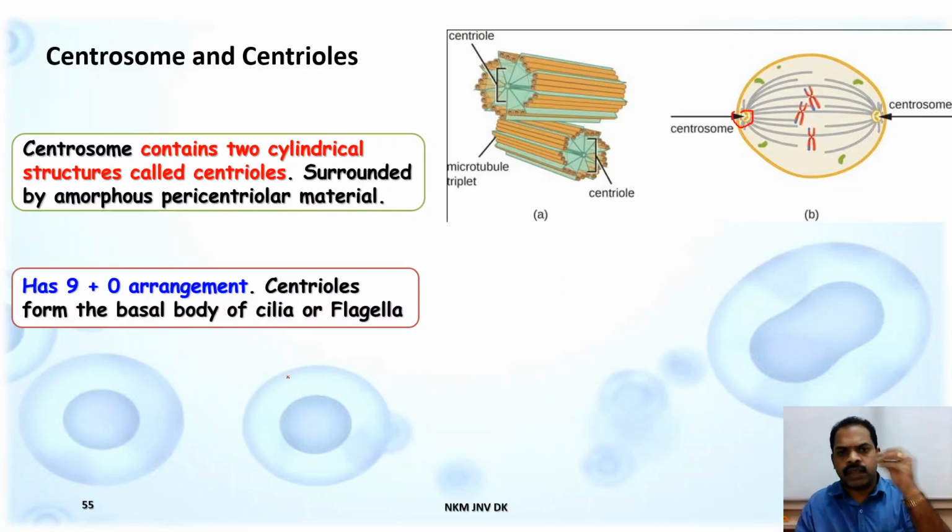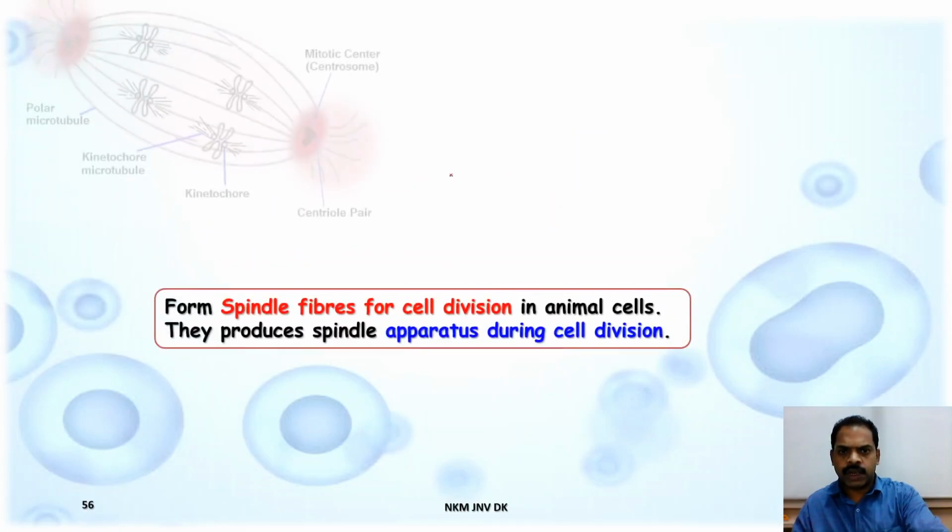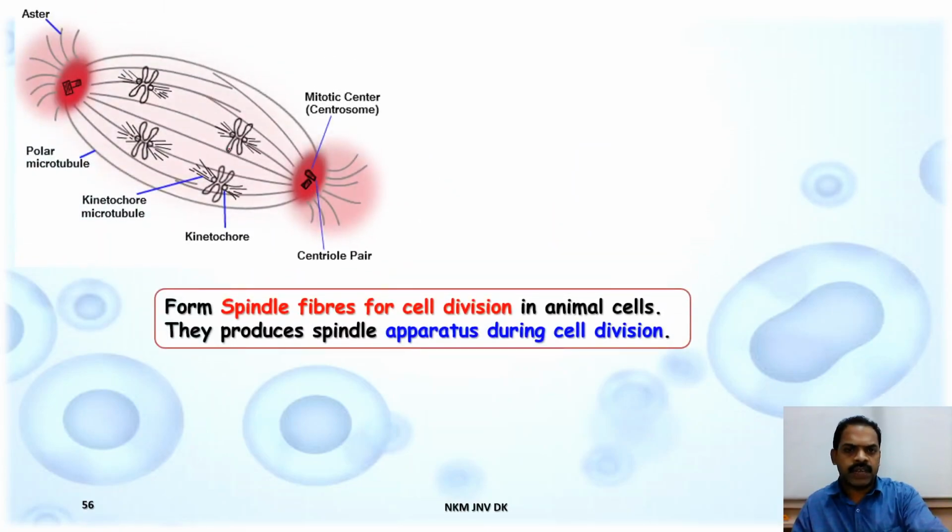The function of the centrioles, of course I told you already, is helping in cell division. During cell division they connect with the spindle fibers. You can see the spindle fibers originating from the centrioles, and we'll discuss this in detail in the cell division chapter.